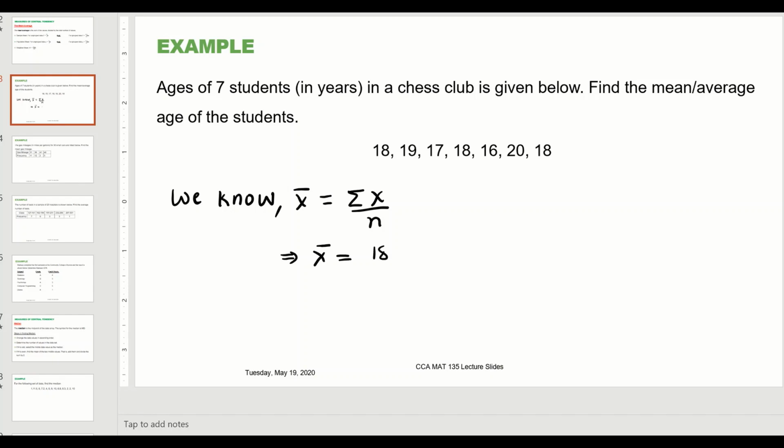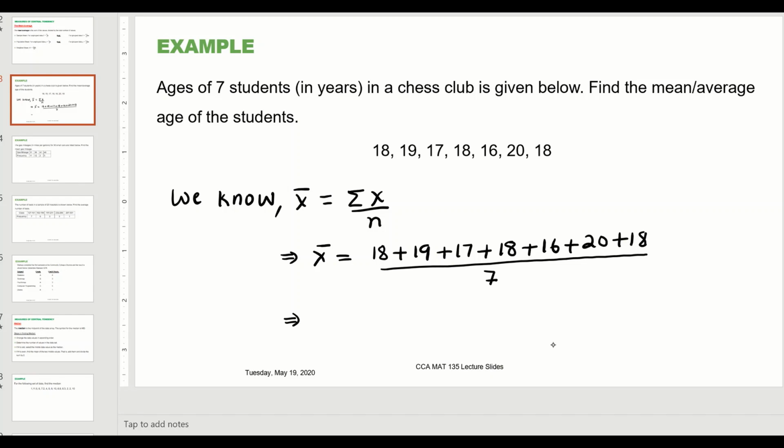So it is 18 plus 19 plus 17 plus 18 plus 16 plus 20 plus 18, and we have to divide all that by the number of students. These are the ages of 7 students, so we divide by 7, or you can even count here how many are there: 1, 2, 3, 4, 5, 6, 7.